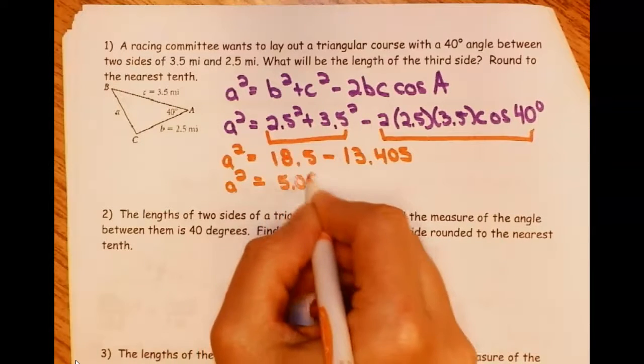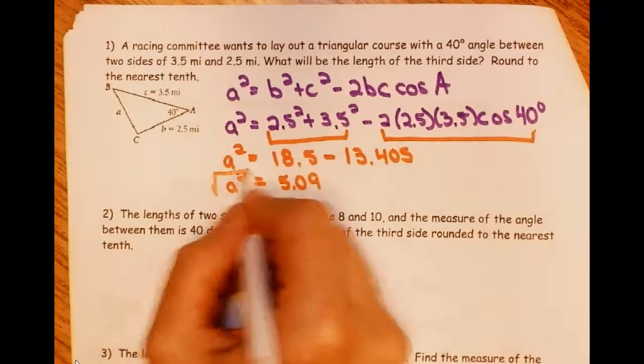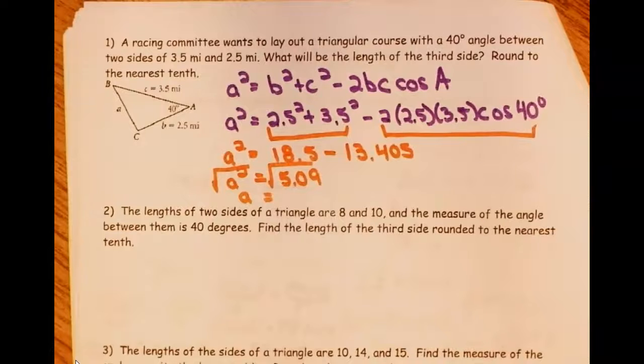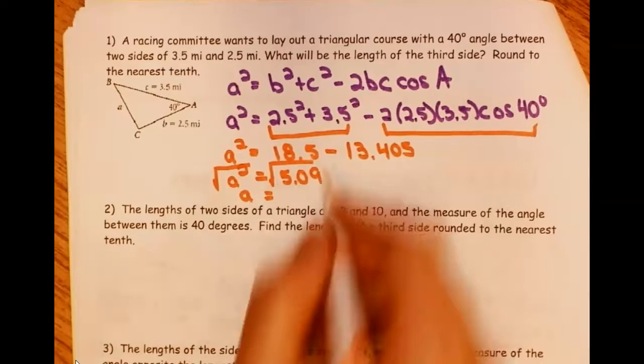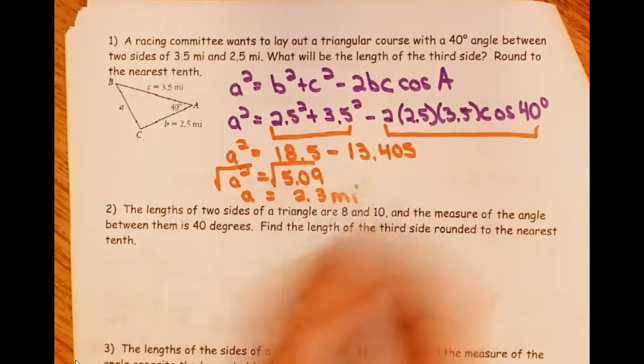So we've got 5.09 is equal to a squared, but we want just a. We're going to take the square root. I typed in something wrong. I'm coming up with a is equal to 2.3, in this case, miles.